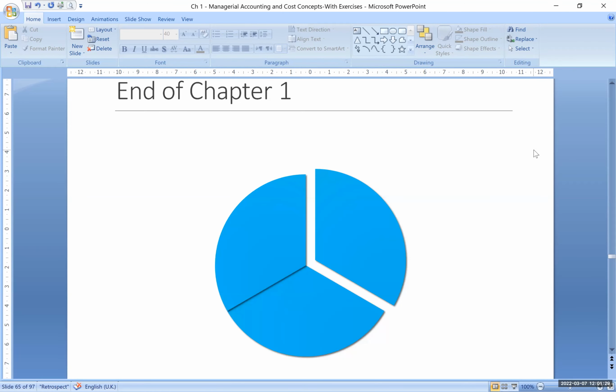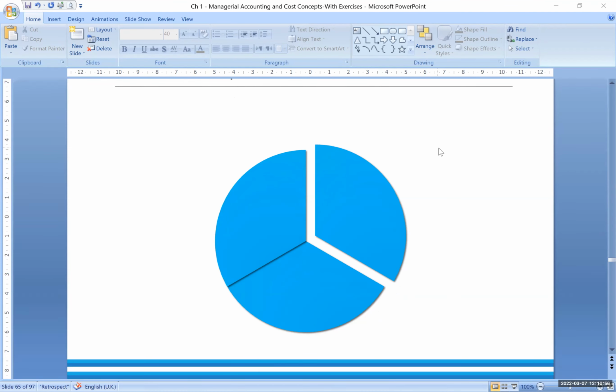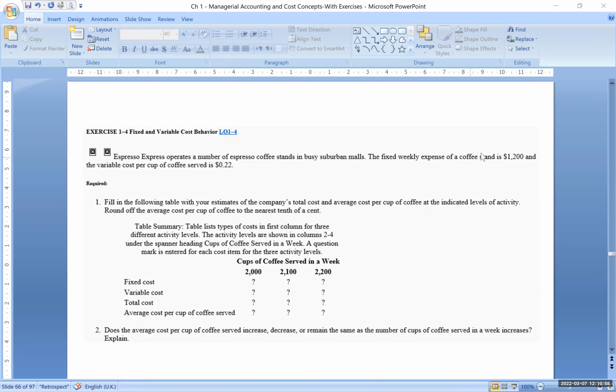By this, we finalize chapter 1, and let's do some exercises related to the topics that we covered. Okay, then let's do some exercises about chapter 1. Exercise 1.4.